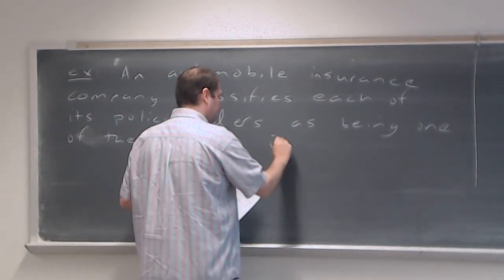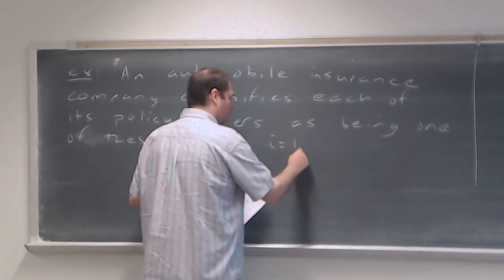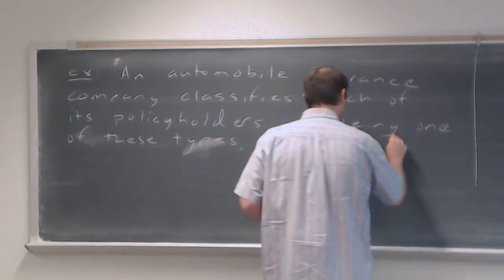The types are i, where i runs from 1, 2, 3, all the way up to k.